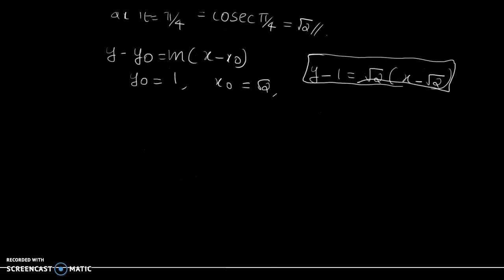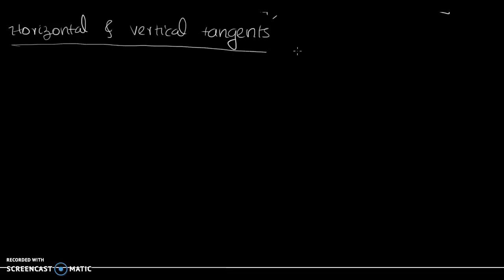Next we have to notice that the next portion deals with horizontal and vertical tangents. Horizontal tangent means, what is that? Suppose this is a curve. At this point the curve has a horizontal tangent.